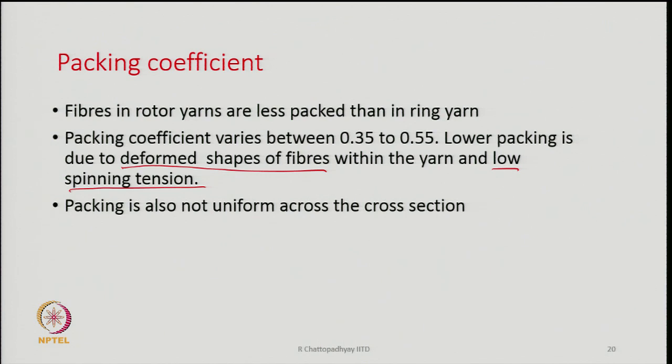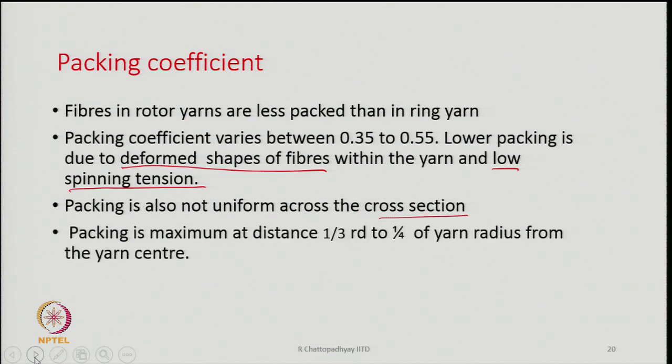Packing is also not uniform across the cross section of the yarn. So, the packing is maximum at a distance of 1/3 to 1/4 of the yarn radius from the yarn center. So, packing is not constant. Packing is also not constant for ring yarn across the cross section of the yarn. Fibers are packed more near the center and packed less on the surface.